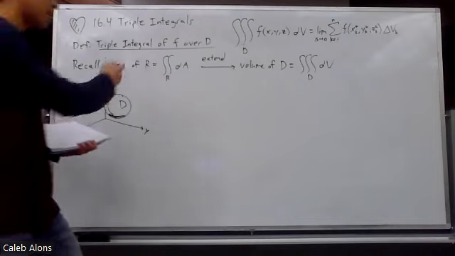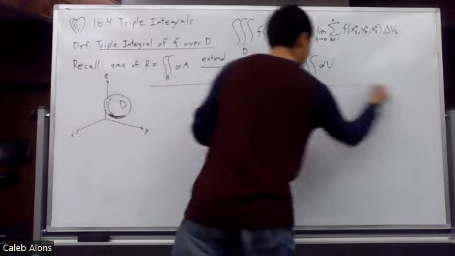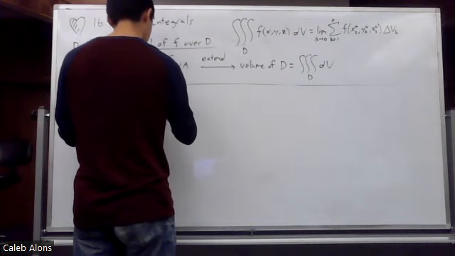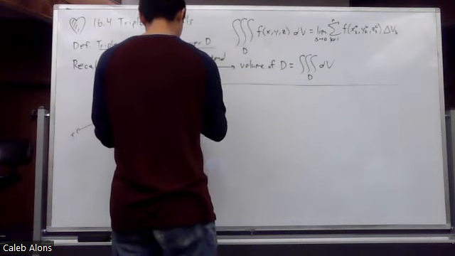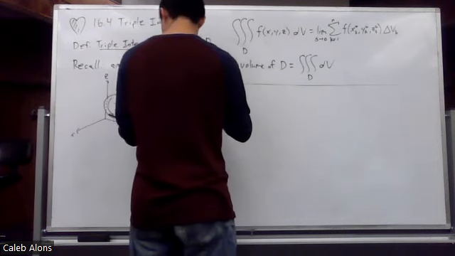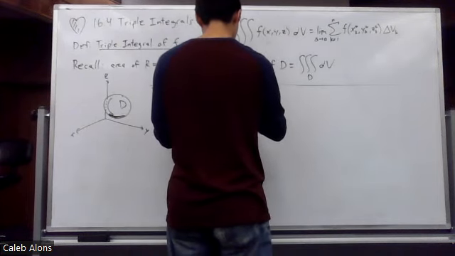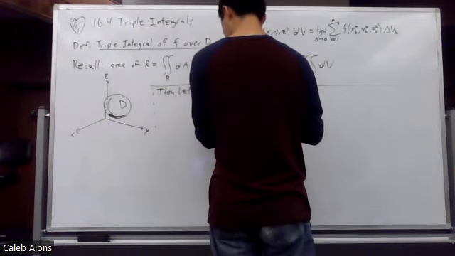I'm going to write out the iterated integral version of what we're going to be looking at. Theorem: let f be continuous. Again, we don't want holes or gaps in our regions or surfaces.